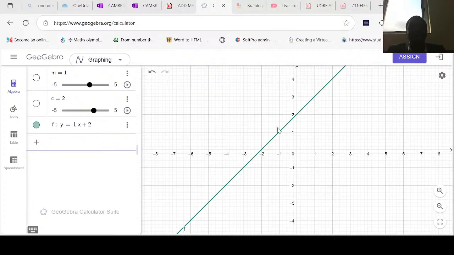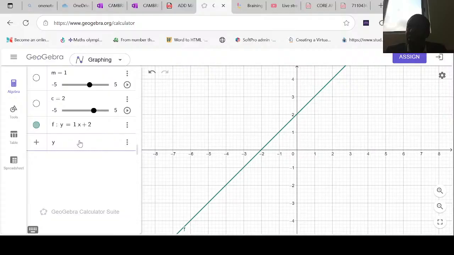So if I have two equations, how do I indicate that the two lines are parallel? Let me do another equation. I did y equals mx plus c, right? So let me use another one. I want to use a different variable so that it creates another slider for me.